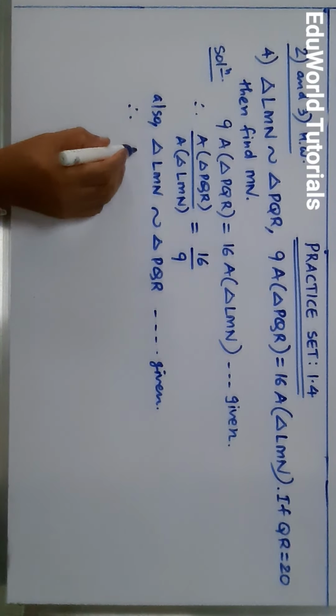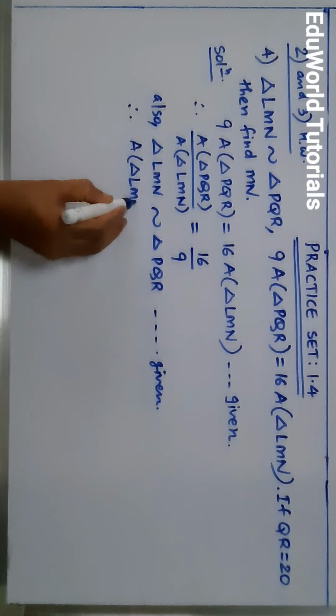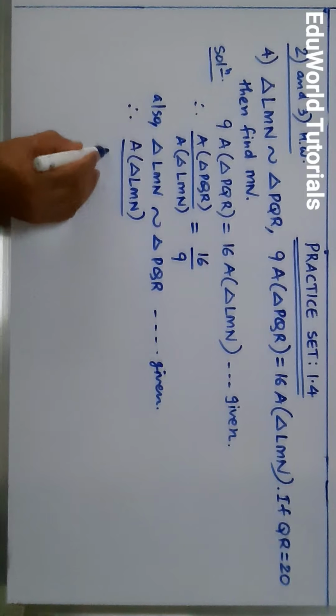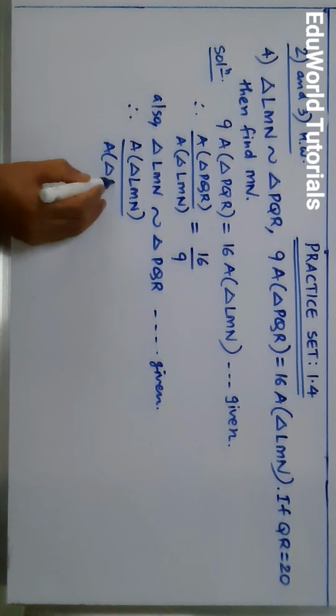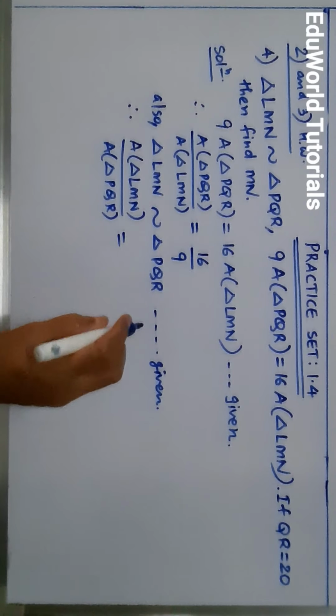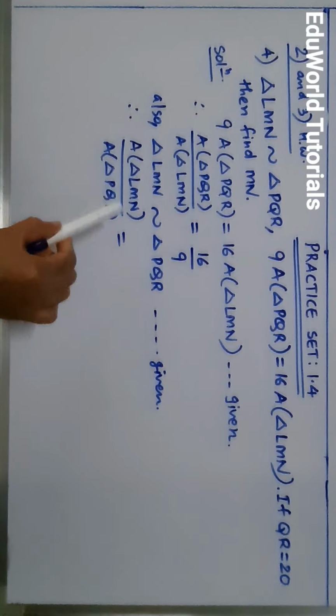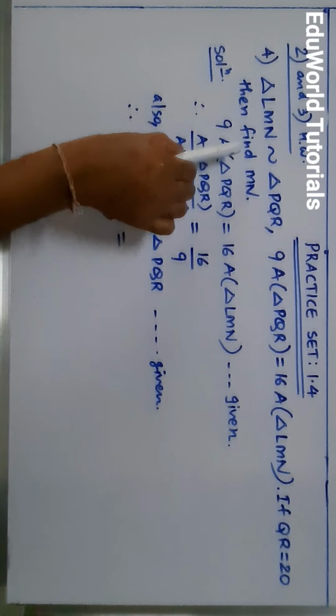So what will we write? Therefore, area of triangle LMN upon area of triangle PQR is equal to, which corresponding sides will we take? We should be prepared before we write. Our mind should always work one step ahead.